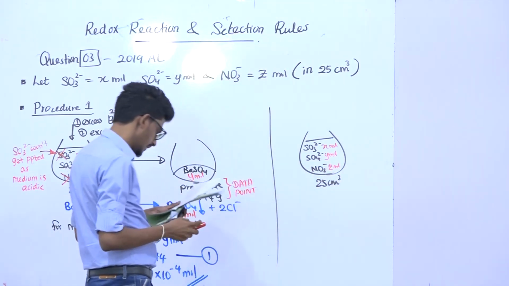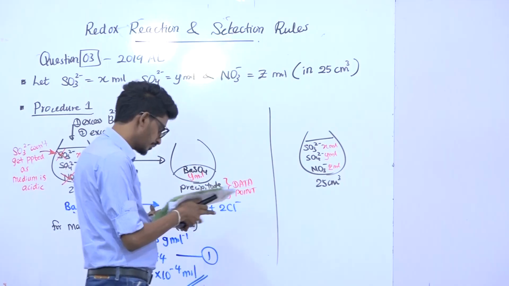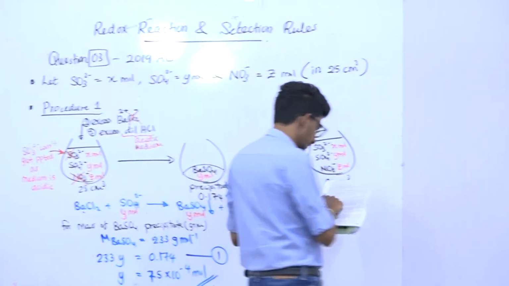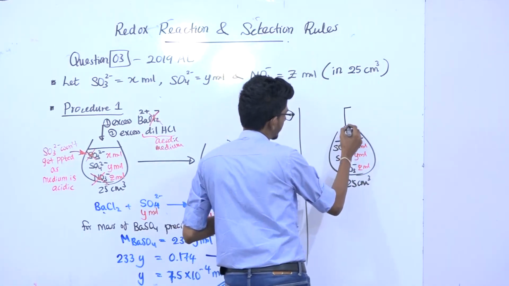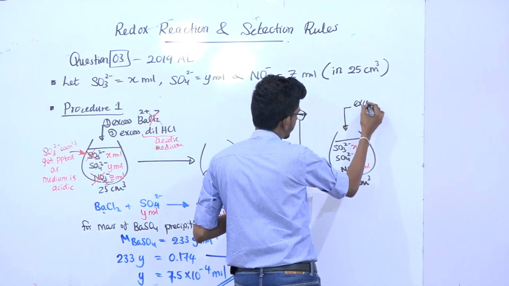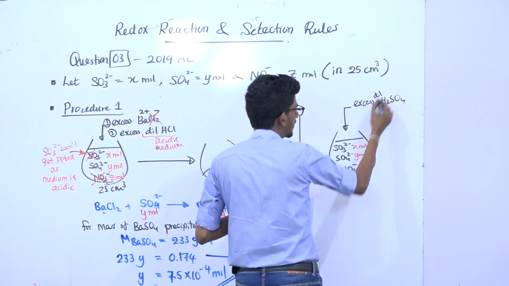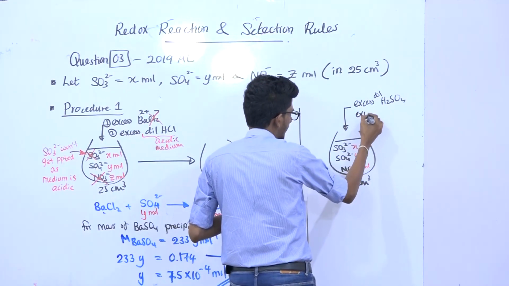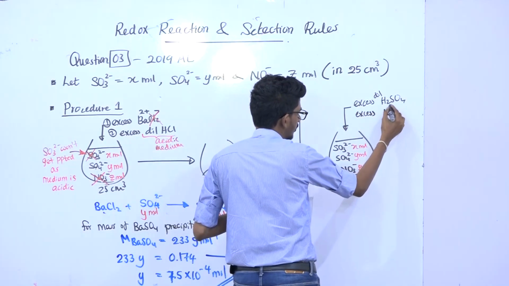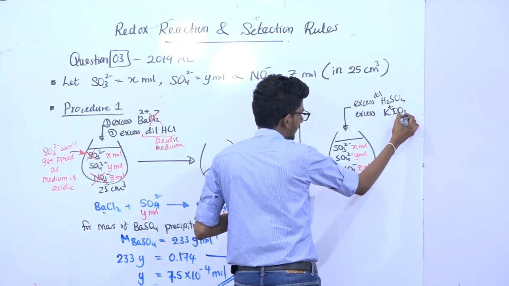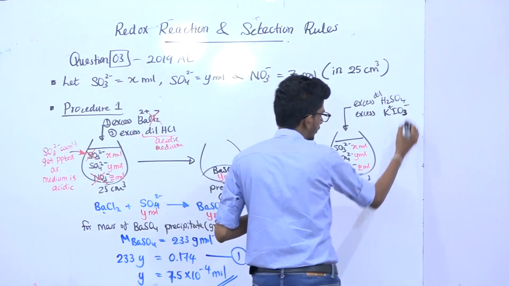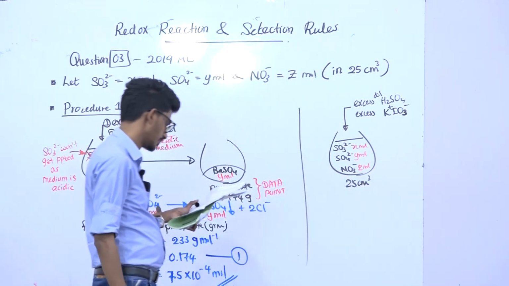To that, you added excess dilute H2SO4 and acidified KIO3. Excess H2SO4 is to acidify the medium, and KIO3 is supposed to do some redox reaction, IO3 minus, right?